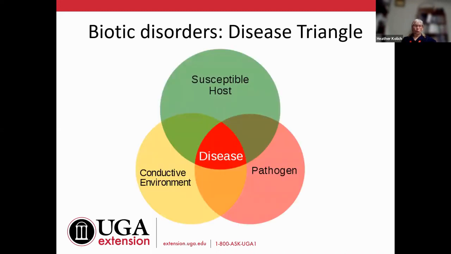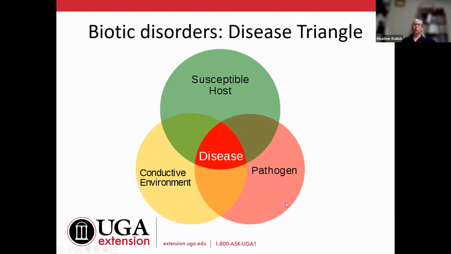So biotic disorders basically have three things that can cause them. And when all of them come together, that's when we get the disease. So the three things are the susceptible host, a plant, in this case, that is going to be susceptible to a pathogen.